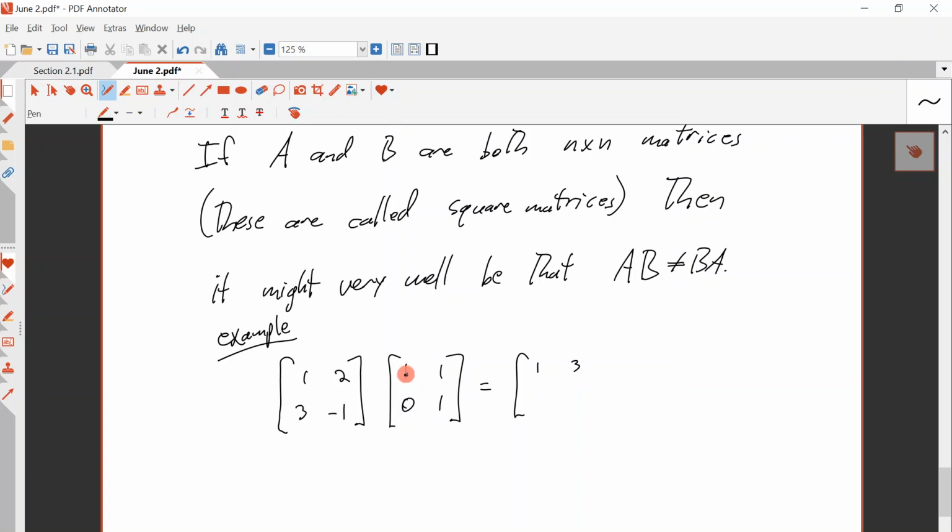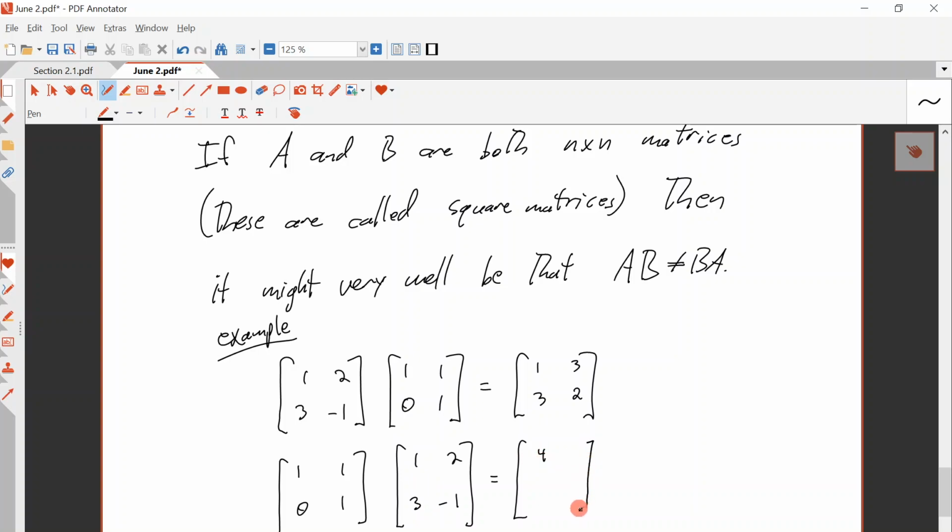Row 2, column 1 is 3 plus 0. And row 2, column 2 is 3 minus 1. Doing it the other way around, 1, 1, 0, 1 times 1, 2, 3, minus 1. Row 1, column 1 is 1 plus 3 is 4. So already you know they're different. Already you see that they're different because first row, first column are different entries.